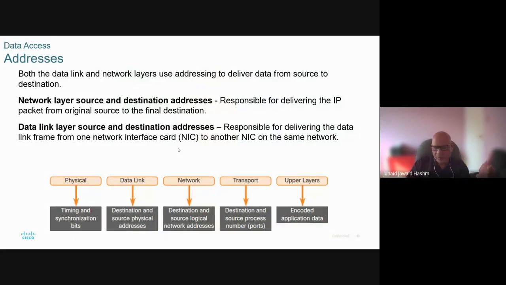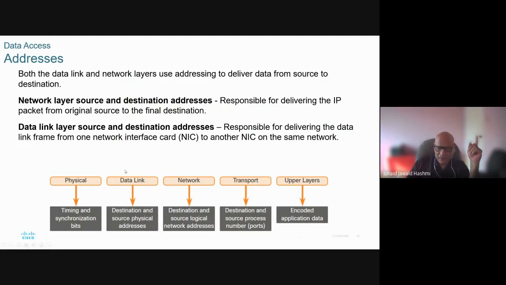Addresses are important. There are two types of addresses on the network that are being used. You have an Ethernet address and you have an IP address. The Ethernet address is an address that is burned onto your network card. You have to have this address; just the IP address is not enough. So when you communicate on the network, you're actually using both the IP and the MAC address.